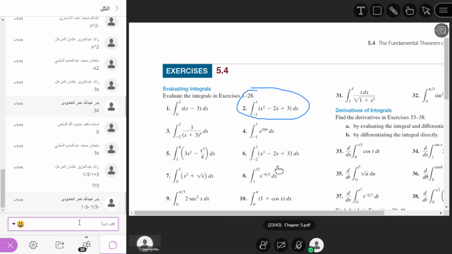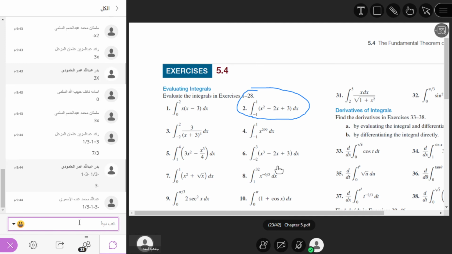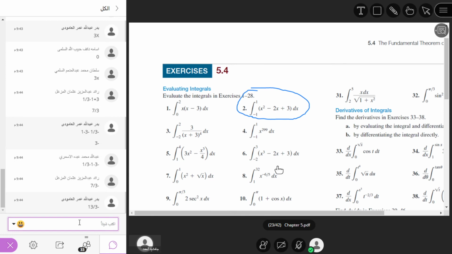whenever we put minus 1, it is minus 1 by 3 minus 1 minus 3, so it is equal to minus 1 by 3 minus 4.